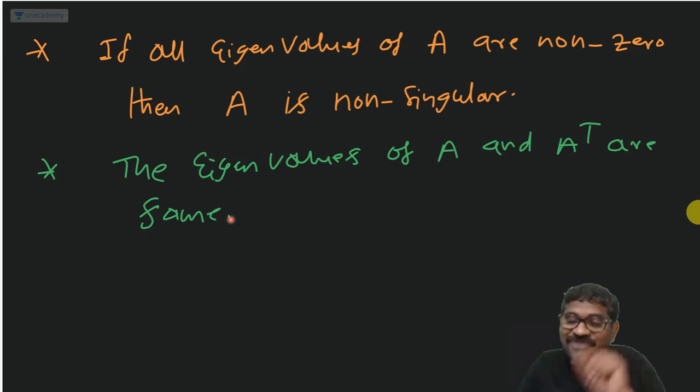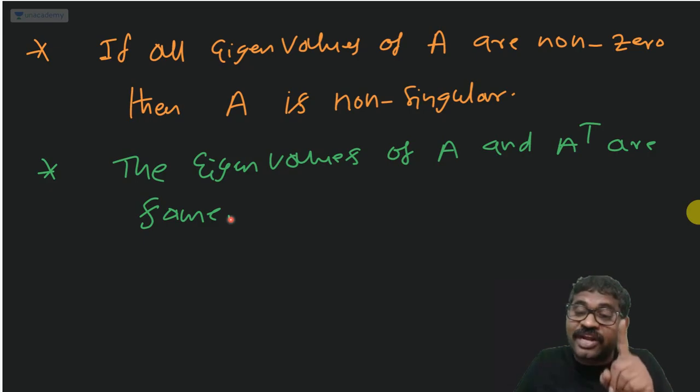One point I have to clarify. The eigenvalues of A and A transpose are the same, but the eigenvectors of A and A transpose are not the same.